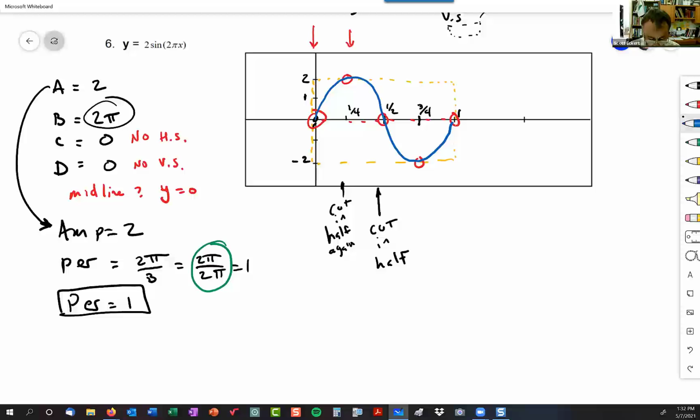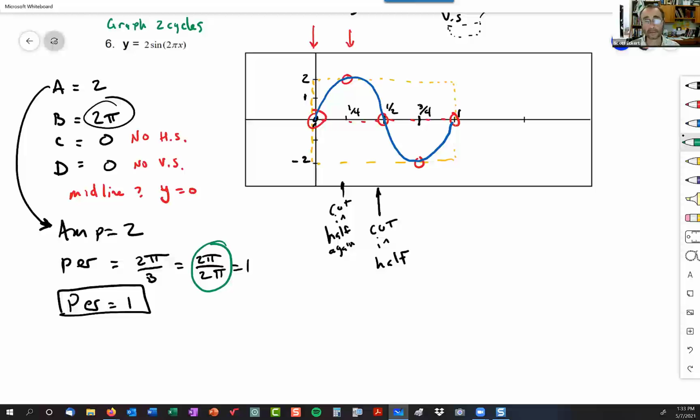While we're at it, what if it says graph 2 cycles? Wait, I should pause. Any questions about getting that graph? All right, what if it says graph 2 cycles? How do you do that?